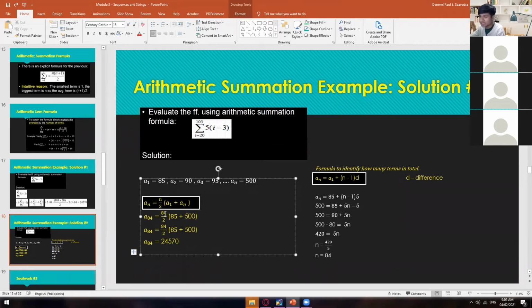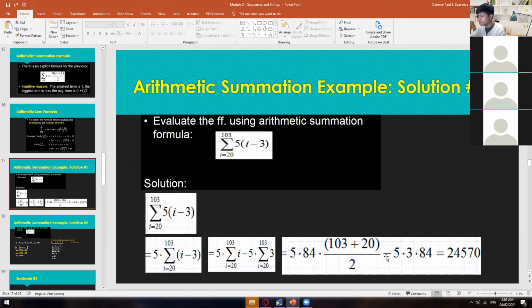Just substitute the corresponding values. n is 84 divided by 2, times a sub 1 is 85 plus a sub n is 500. So 85 plus 500 is 585, and 84 divided by 2 is 42. So 42 times 585 gives you 24,570, which is the same as this one.